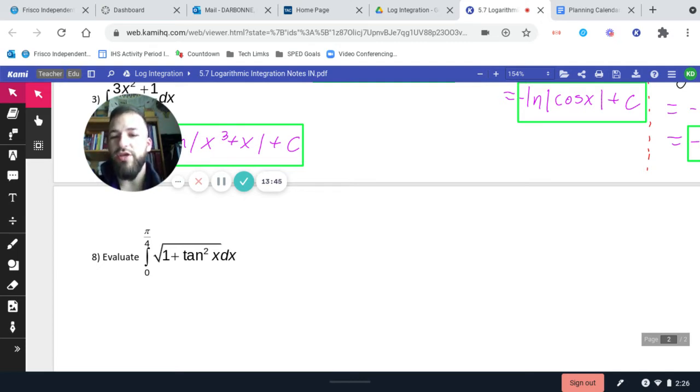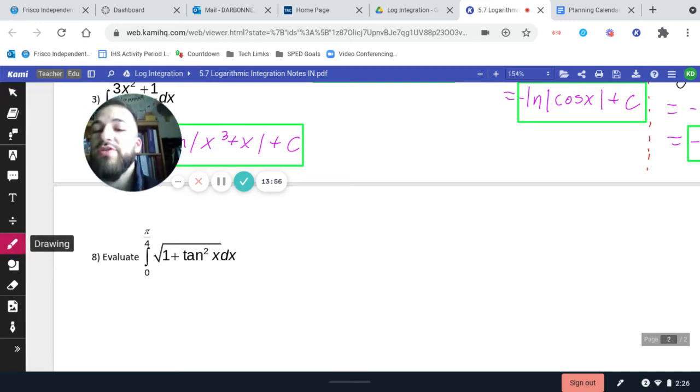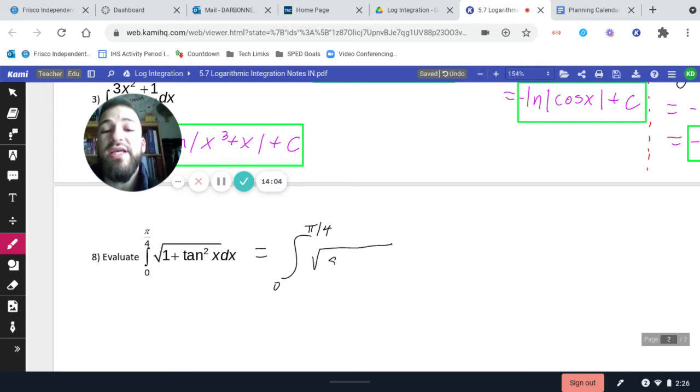So I can't do my u quite yet, but I can think, well, I do know that 1 plus tangent squared of x is equal to secant squared of x. So before I do any extra hard work, I can change out my formula just a bit. So using a trig identity, I can replace 1 plus tangent squared of x to be secant squared of x dx.